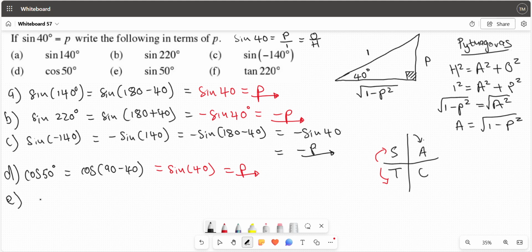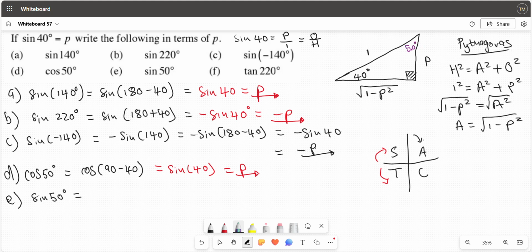And then E, I would recommend that you pause the video and try some of these yourself. E is sine 50 degrees. There are two ways of doing this. In my diagram here, you could do co-functions and reduce it, or you could realize that if this is 40 there and this is 90, then 180 minus 40 minus 90 will most certainly be 50.